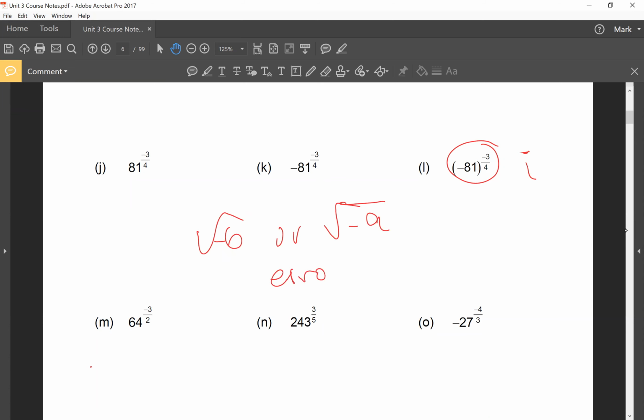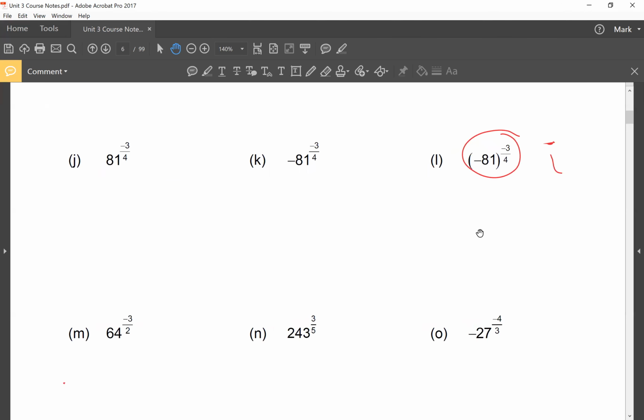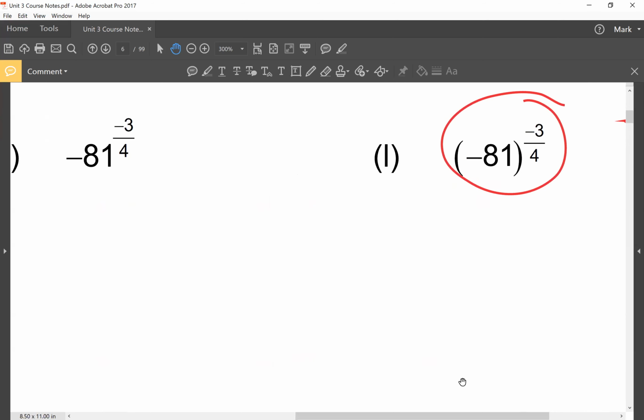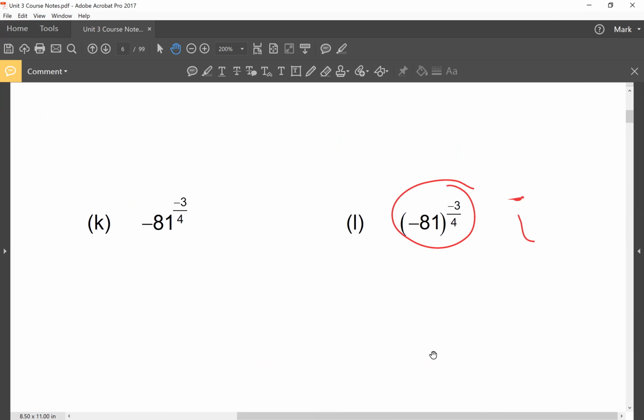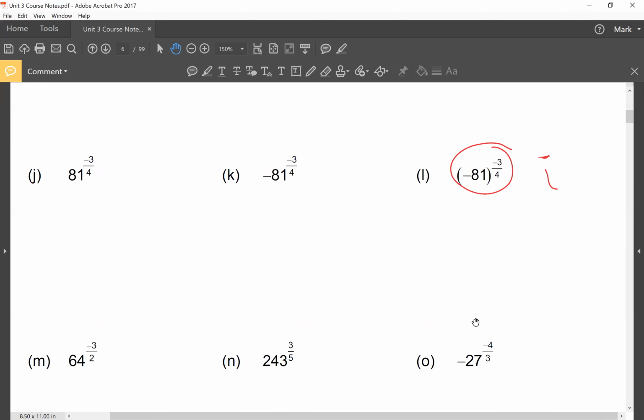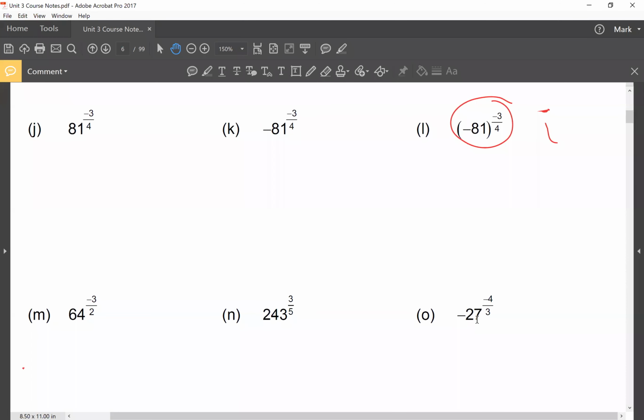So what you do to do something like L on your calculator is you put it in without the negative sign. Sorry, just zooming in here. So the answer will be 1/27 I. Yeah, exactly. So I'm going to remove the negative and put it as an I. Let me rewrite this, and we're going to talk more about this today.